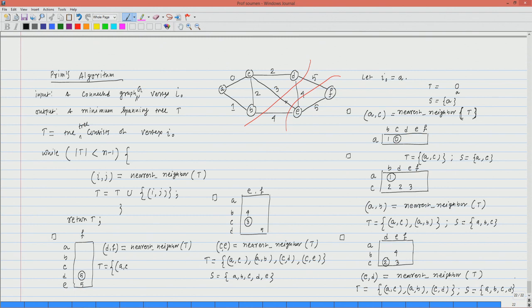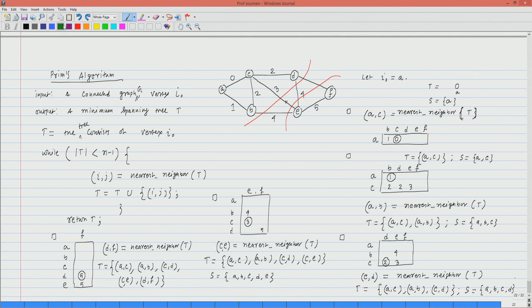This consists of AC, AB, CD, CE and DF. Okay. So, we can show the tree edges here.